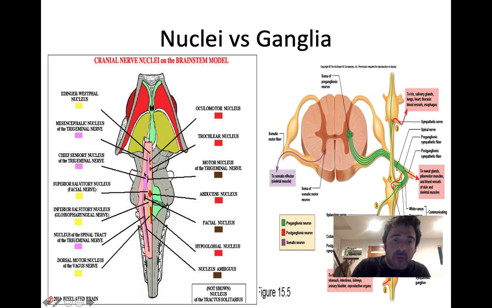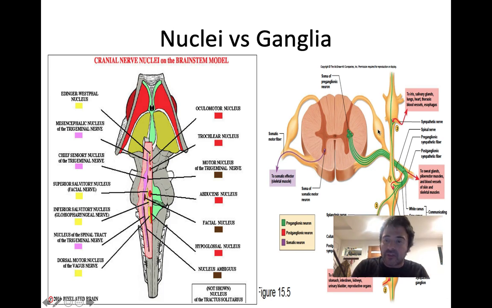So if you go up the brainstem here, you'll see the abducens nucleus, the motor nucleus of the trigeminal nerve. Those are all little chunks of gray matter that are serving a function. They're responsible for a specific set of functional tasks. Gray matter in the peripheral nervous system, little functional units of neuron cell bodies and dendrites, are referred to as ganglia.